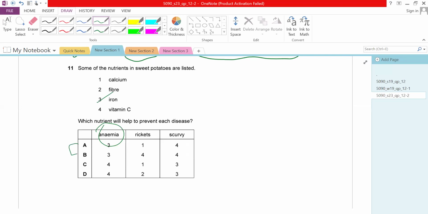We have two options for iron, A or B. Then the second is rickets. Okay, so rickets can be prevented by the intake of calcium. We have then calcium for rickets. So option A is correct for question number 11. And for scurvy, we have vitamin C.